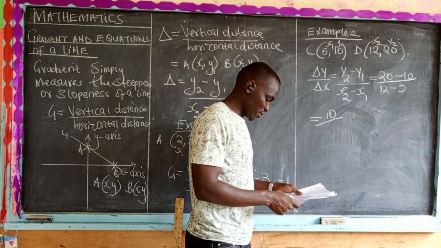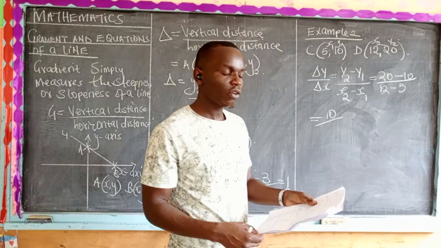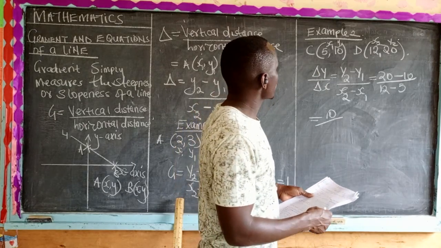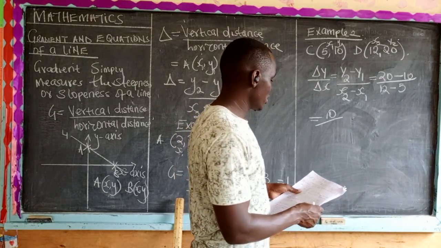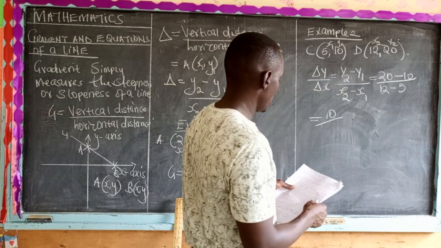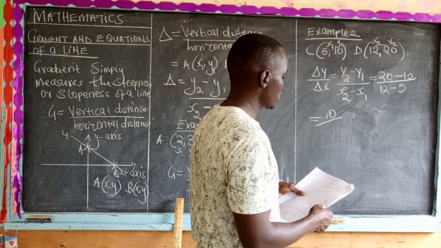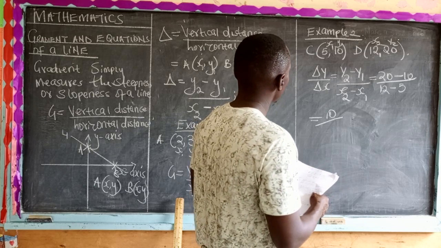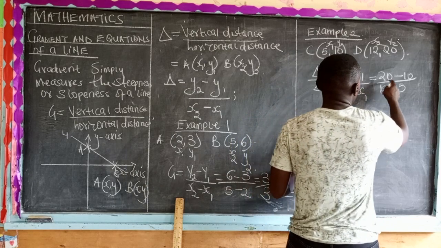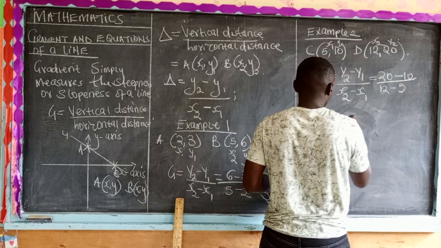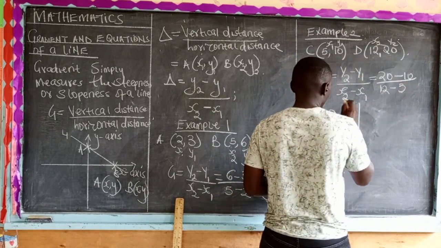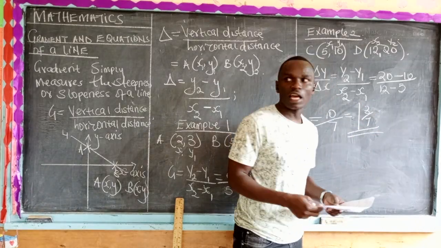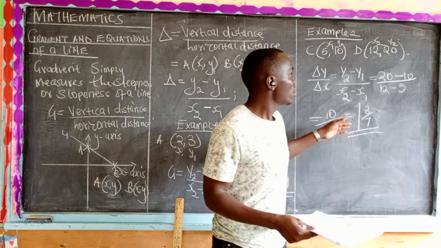Tell me. We are going to have 10 over 7, which is 1 whole 3 over 7. That is the gradient of that line.